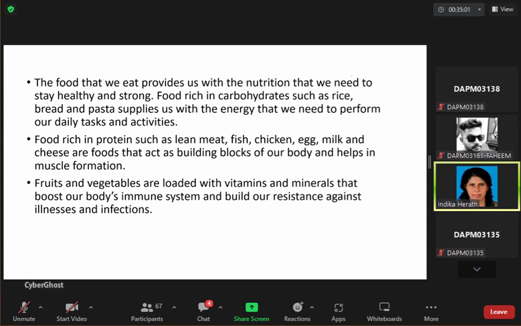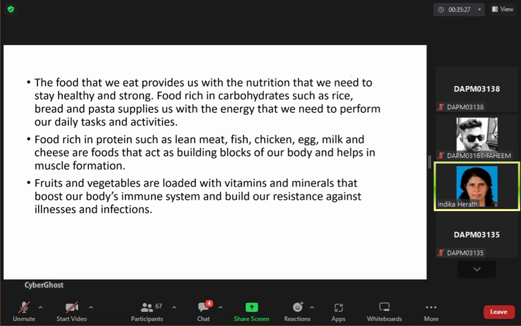And there are other carbohydrate sources, bread, pasta, those kinds of things that provide energy, right? And also food rich in protein, such as meat, fish, chicken, egg, milk, and cheese. Those are building blocks of our human body, right? So it is needed for muscle formation.